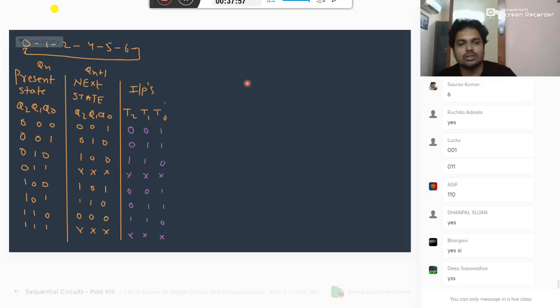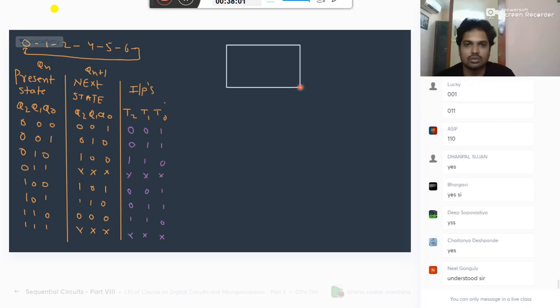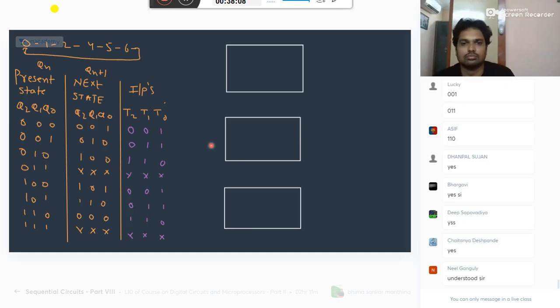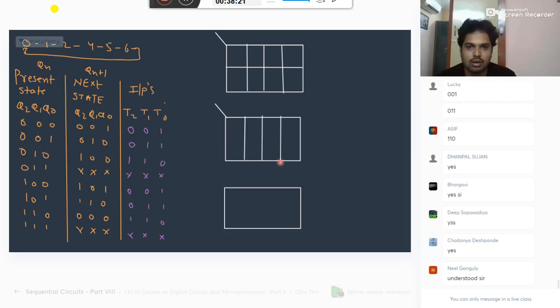Now, what you need to do is you should make 3 K-maps. So this is Q2, Q1, Q0. So Q2, Q1, Q0.